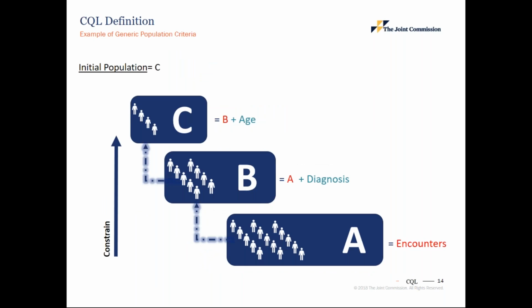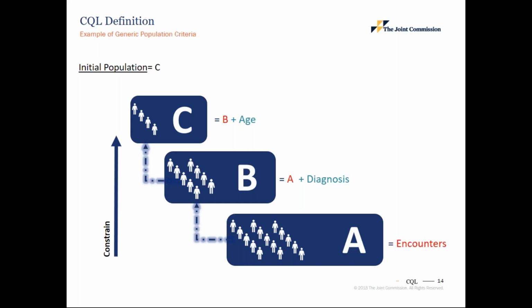Here, CQL uses definitions like building blocks, using one definition to build upon another and another until you come to a final definition. Using very simple terms, this diagram depicts a visual representation of a generic patient population definition and its structure.